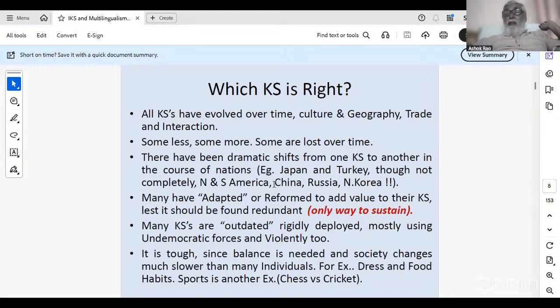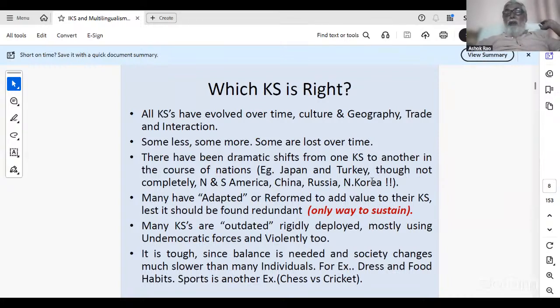China did that in 1950. Russia has been swinging this side and that side. They were strongly an Orthodox church system, and then after the revolution, they became Marxist.